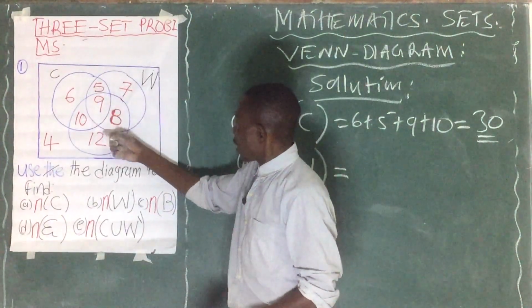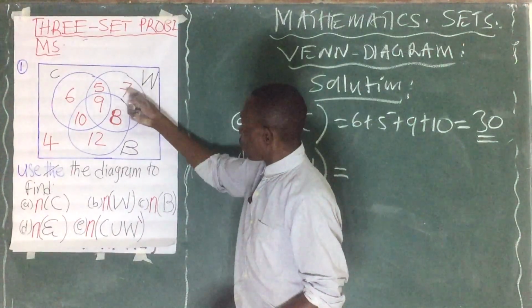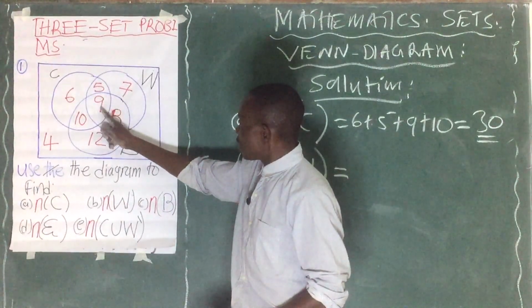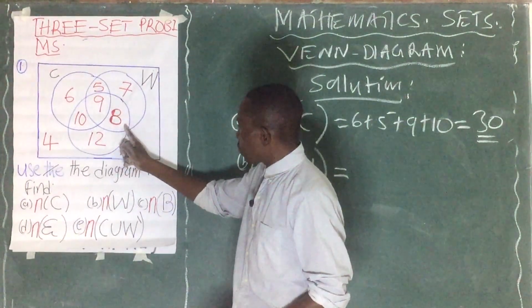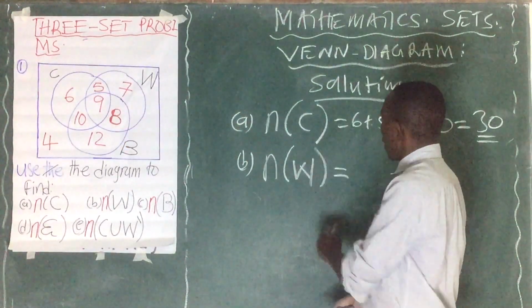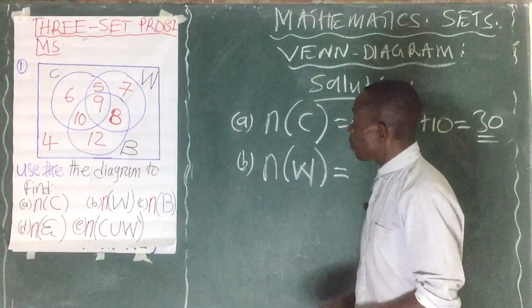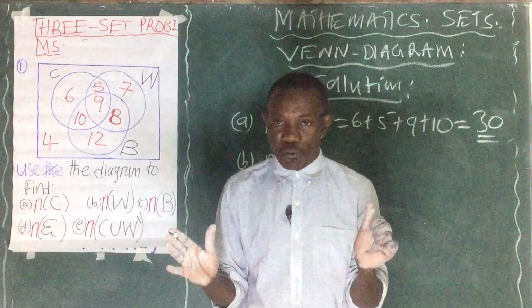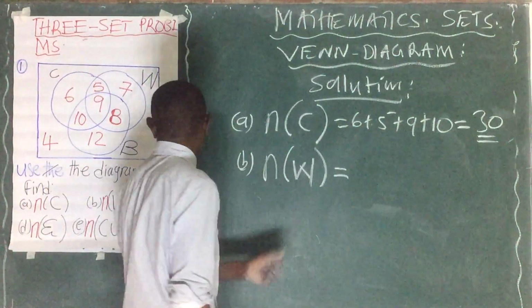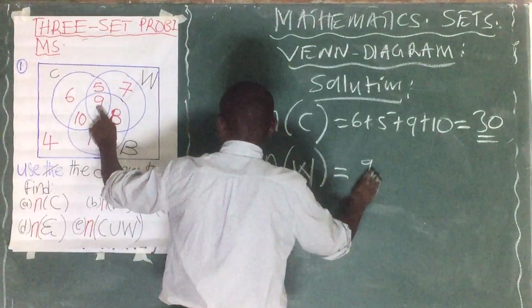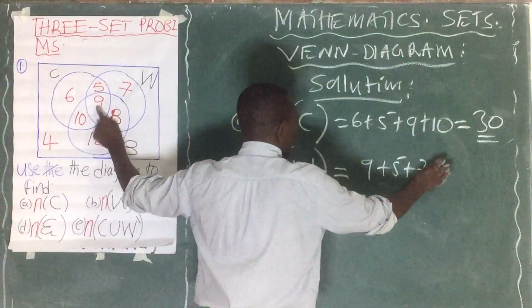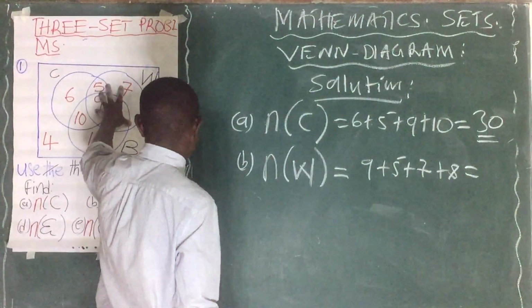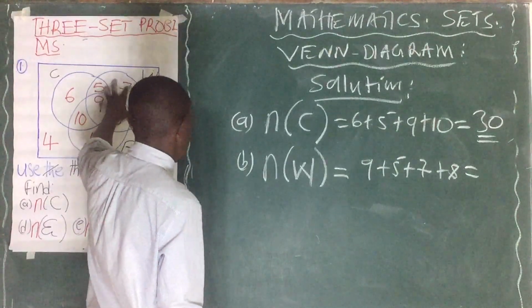You find that W has a category with 8 elements, 7 elements in W only, 5 found in C and W, and 9 found in C, W and B. Still, we go by what we did in the first problem. We are going to add 9 plus 5 plus 7 plus 8, as that is the number contained in W. So the number of elements in W will come from the summation of 9, 5, 7, and 8, because these are the numbers found in the parts that make up W.